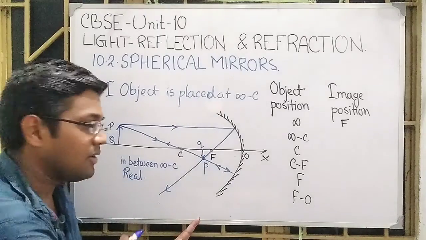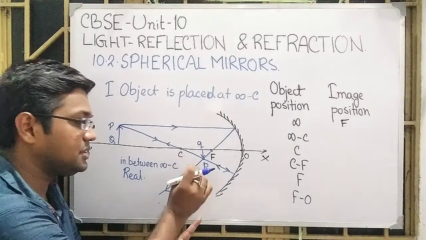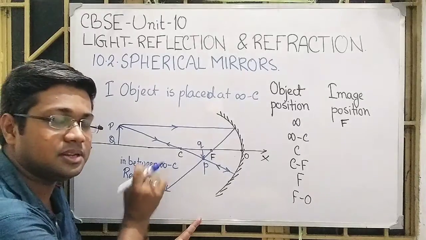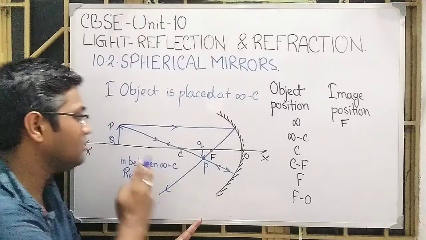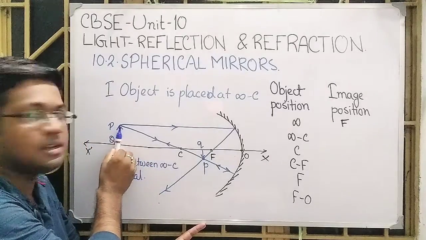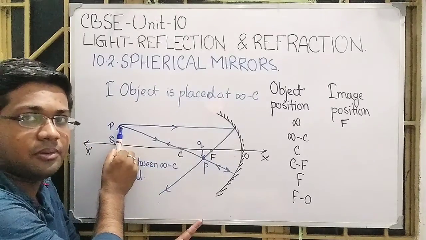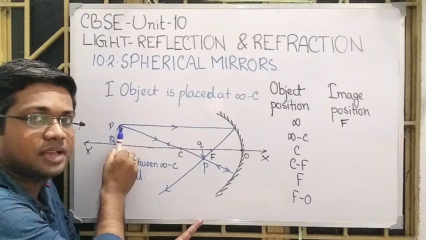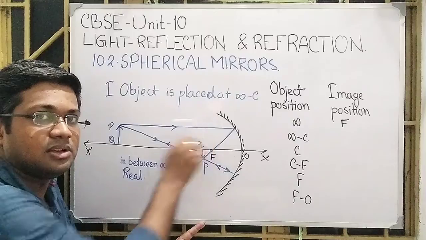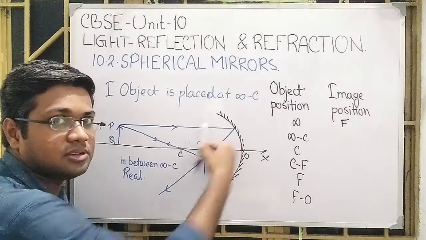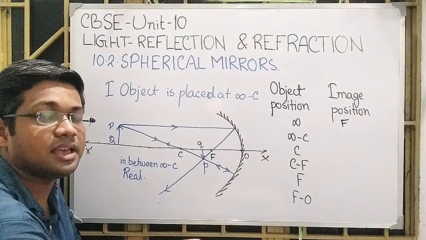Next is, where the image is placed, it is discussed. It is real or virtual, it is also discussed. Now if I say this is the object like this, with respect to the principal axis, the image is formed on the downside, like this. So we can say the image is inverted.